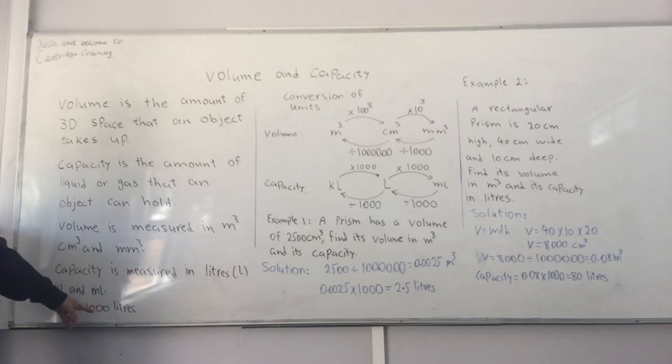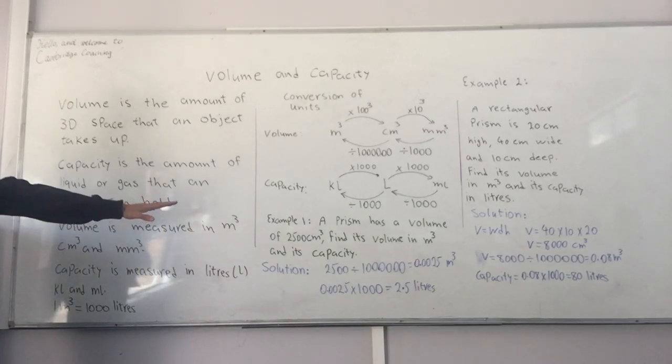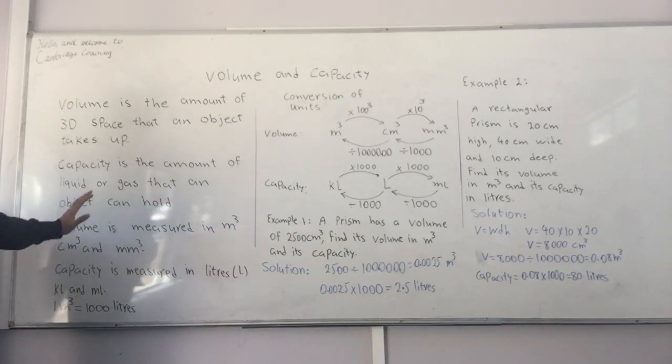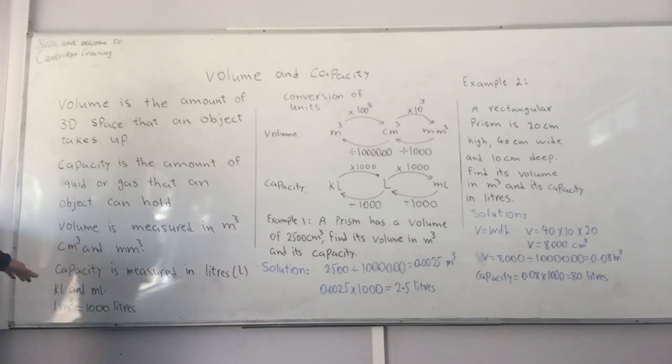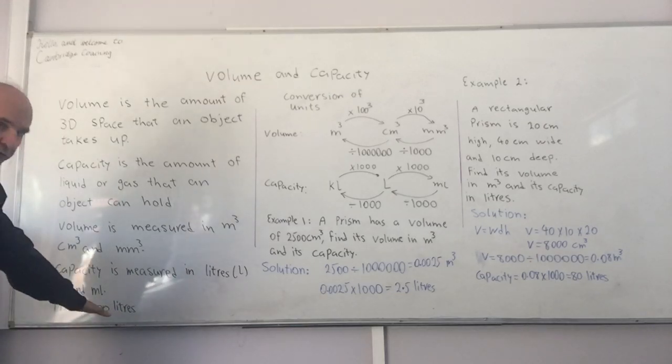That's very important, that equation. Each cubic meter, which is the unit for volume, is the same as 1000 liters, which is a unit for capacity. So that's how you go from one to another.